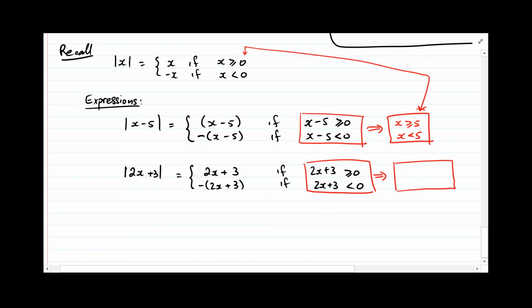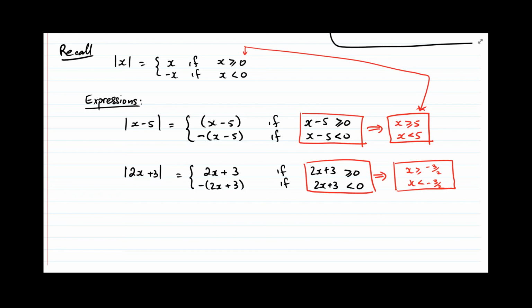I'll give you a minute to work out, make x the subject of the inequality, and then you compare with what I am going to write down. Okay. All right, so you can compare what you have with what I have.